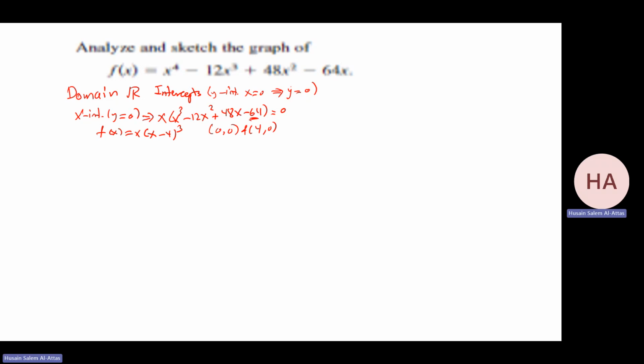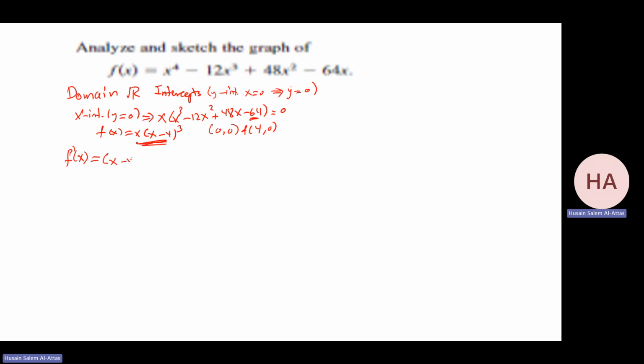Assume I have the function like this, so that will make it easier. Now, for sure, no symmetry, no asymptotes. Then we'll go to f prime. So this is the function, things will be easy.